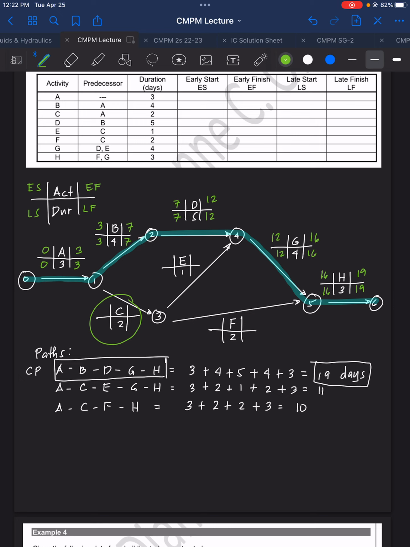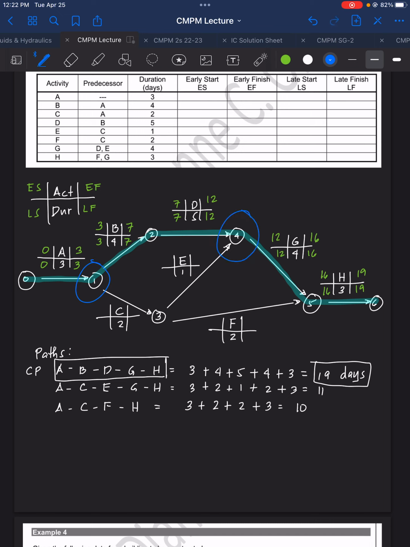For activity C, you can see here that activity C and E are parallel to this one here. Activity C and E has start node 1 and end node 4.